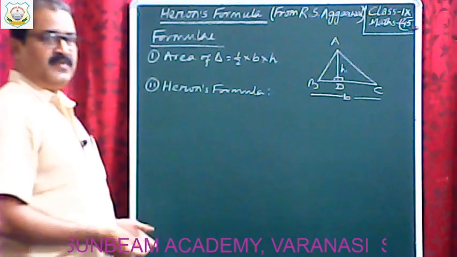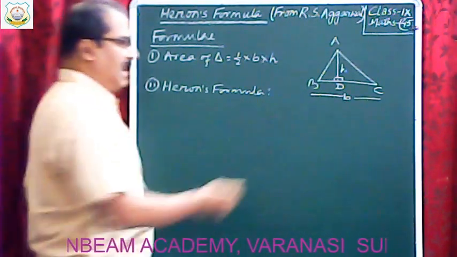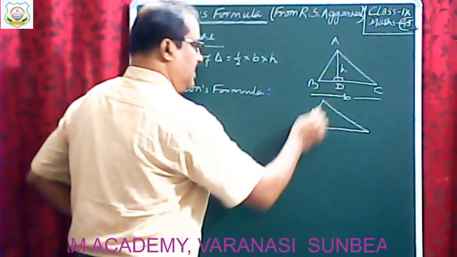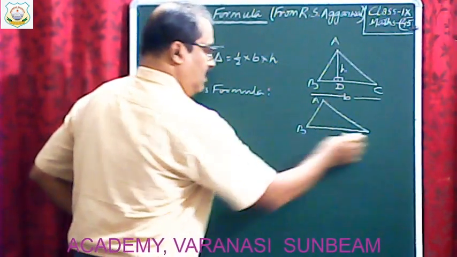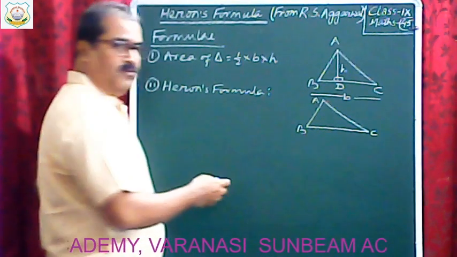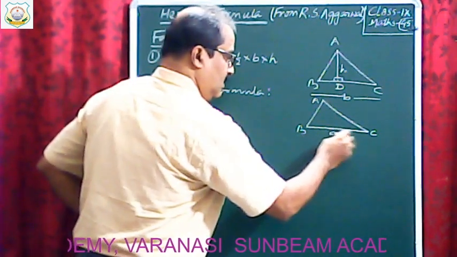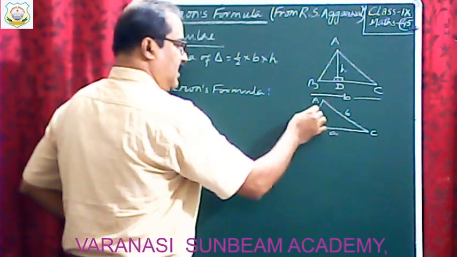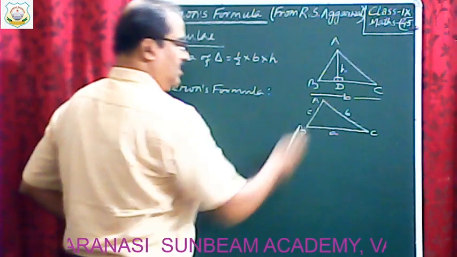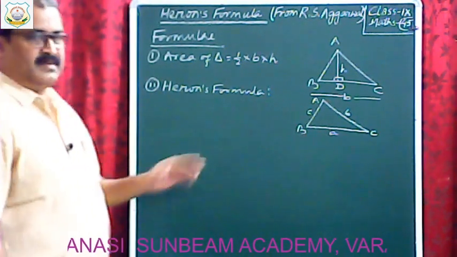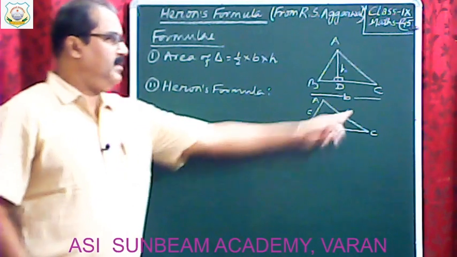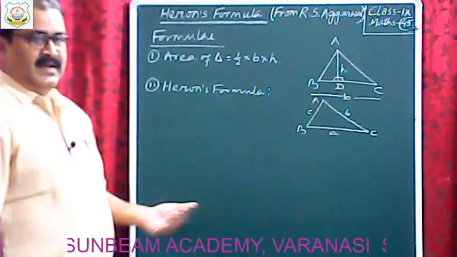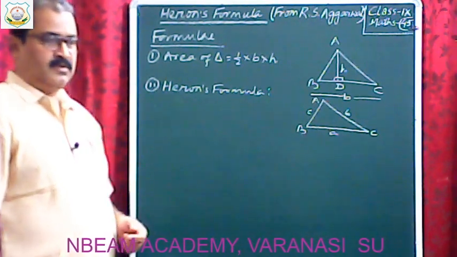If we know all three sides of a triangle, and all three sides are different, A, B, C. The side opposite to vertex A is denoted by small a, side opposite to vertex B denoted by small b, and side opposite to vertex C denoted by small c. Okay, the lengths of the sides of triangle ABC are a, b and c. These are different sides, isn't it? And you have to find the area of the triangle. Then you have to use Heron's formula.